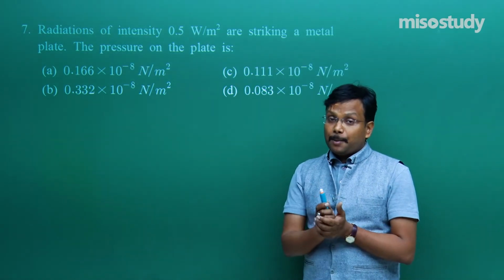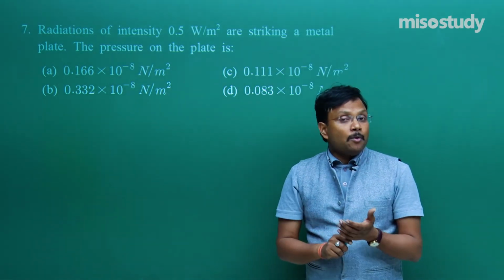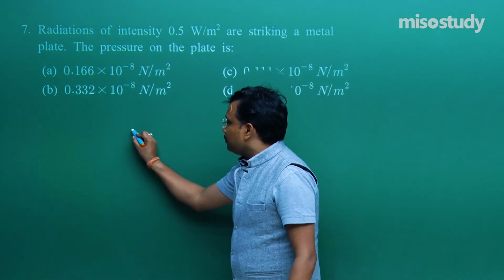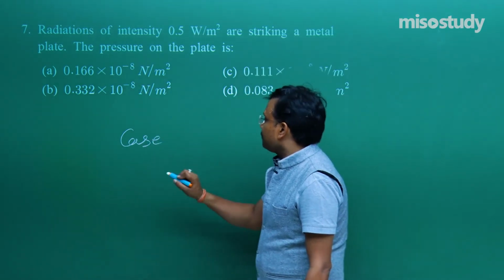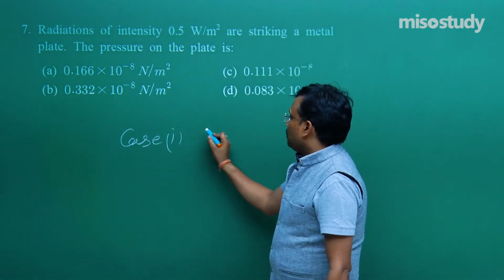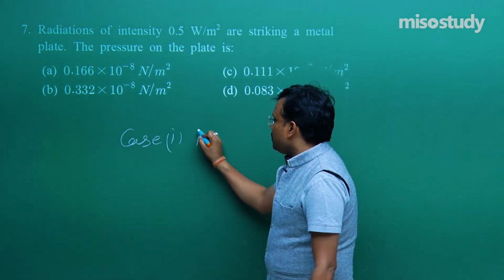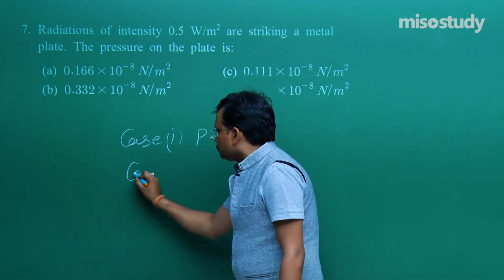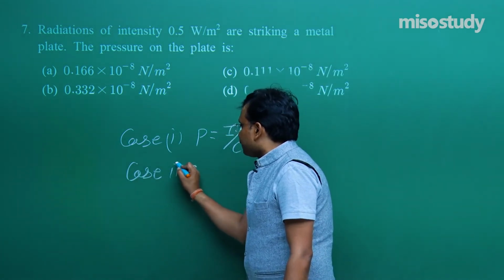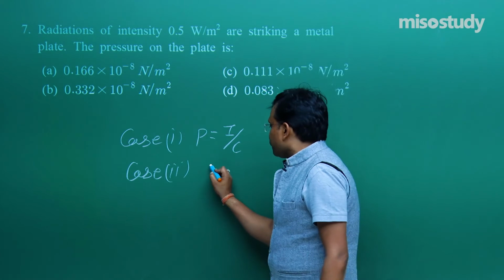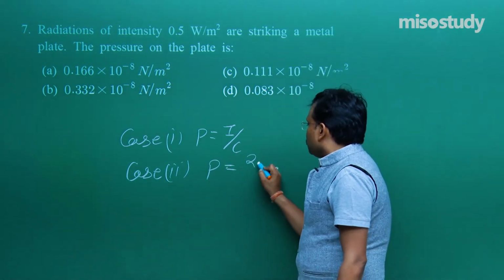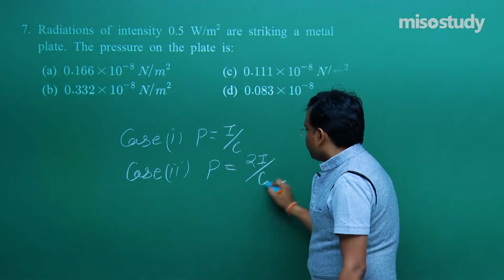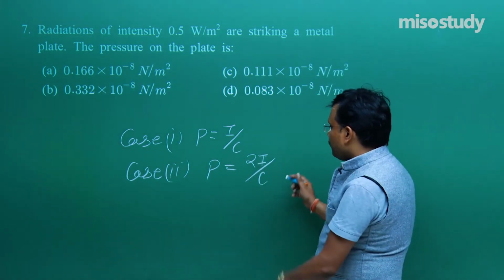Although in this particular chapter we discussed the Poynting vector, we discussed the pressure offered by light in 2 conditions. Case 1, pressure P is equal to I by C. Case 2 is P equal to 2I by C. Why?